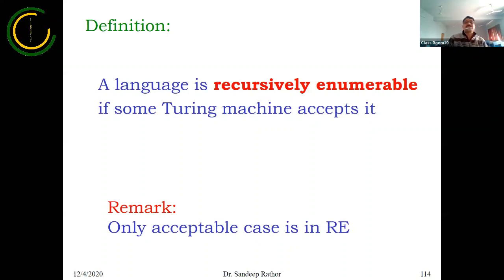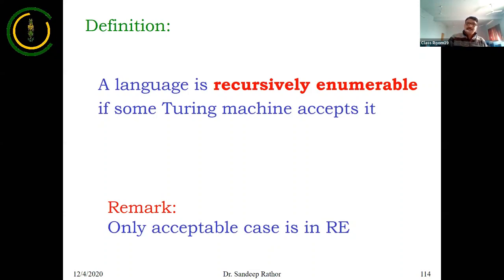But in case of recursively enumerable, only accepting cases are there. It means if W belongs to that particular language, then only it will accept. There, it is not guaranteed that it will provide you the case of rejection.